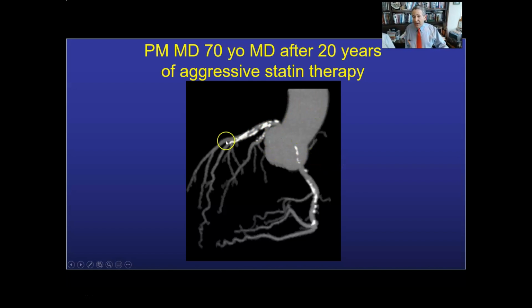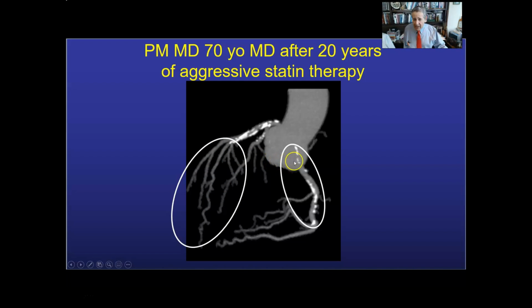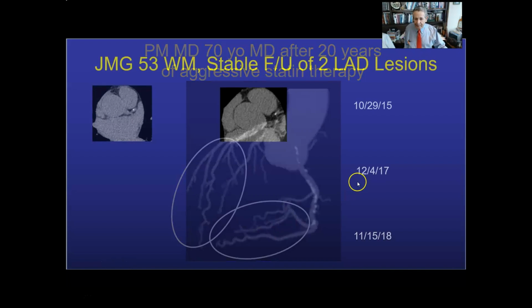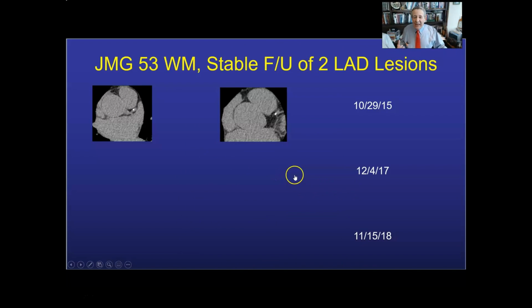And so here's a 3D reconstruction of another patient followed for over 20 years. Here is the old dense plaque, and here is where all of a sudden we're not seeing any new plaques tracking down the vessel. And here on the other side, again, old dense plaque, but no new plaques. And here's somebody, the plaques are particularly easy to follow when you don't have a large plaque burden.